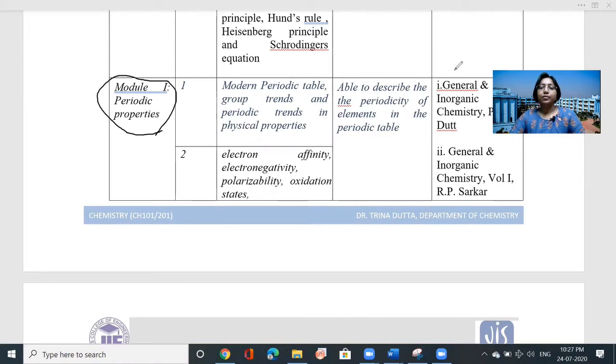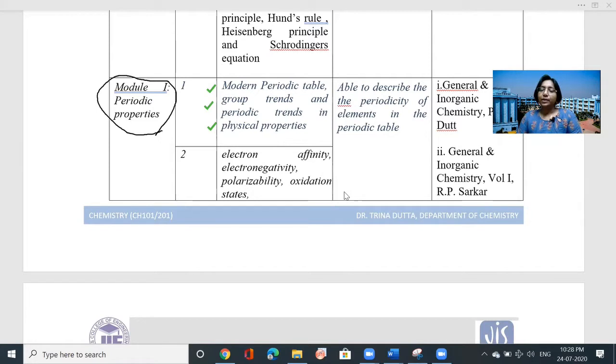In my first lecture, I told you about the modern periodic table, group trends, and periodic trends in physical properties. You learned the history of the periodic table, and how the groups are formed based on different properties like physical properties and chemical properties.